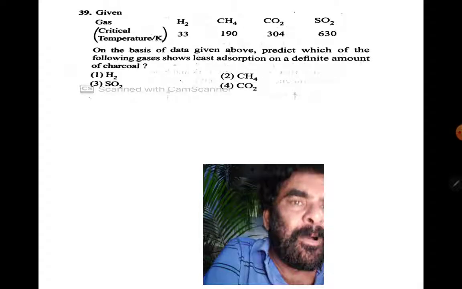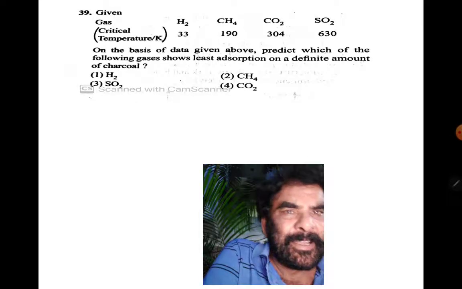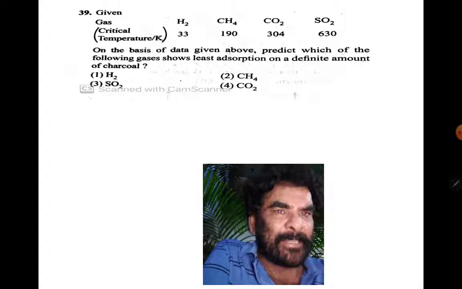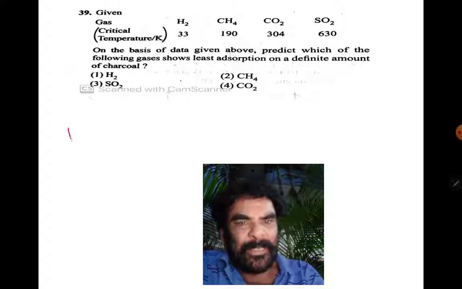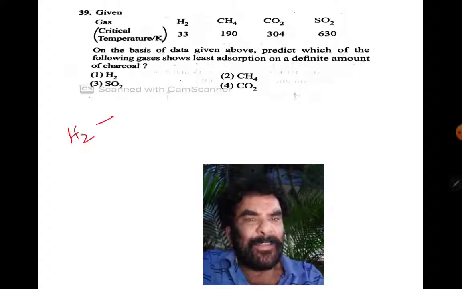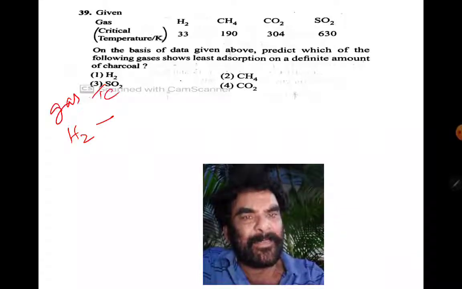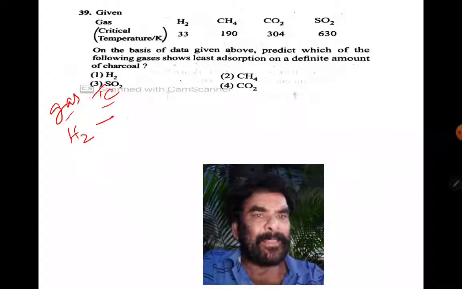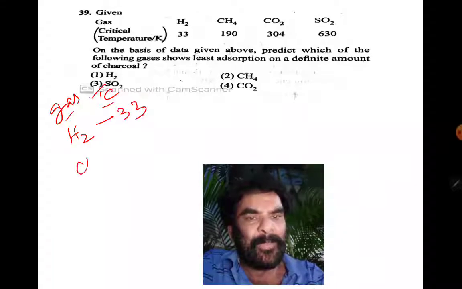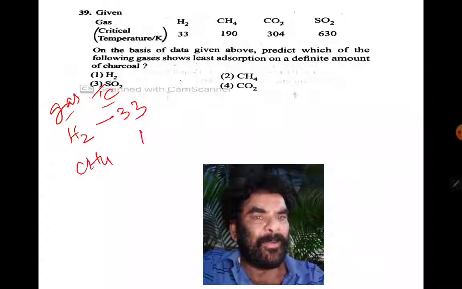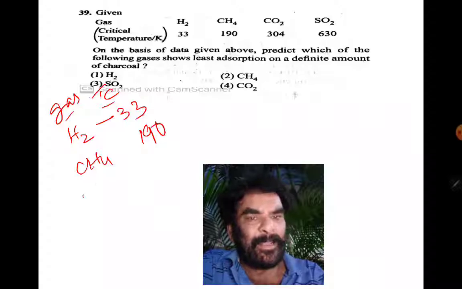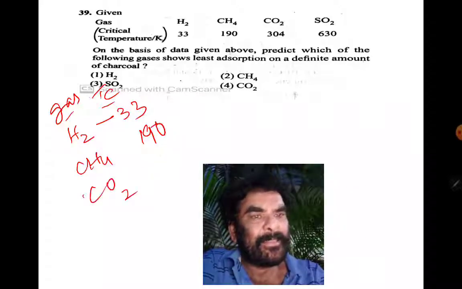Here is a problem question on critical temperature of gases. Hydrogen is given and gas critical temperature TC is given. This is 33, methane is 190, carbon dioxide is 304.